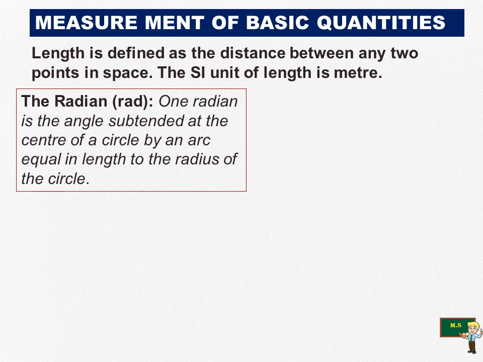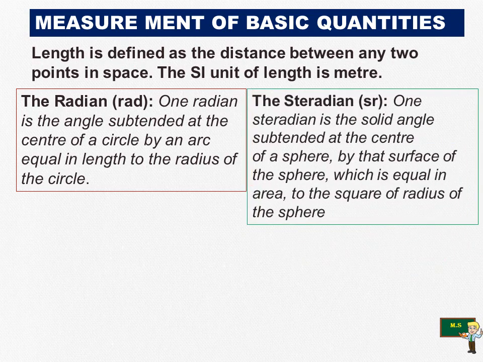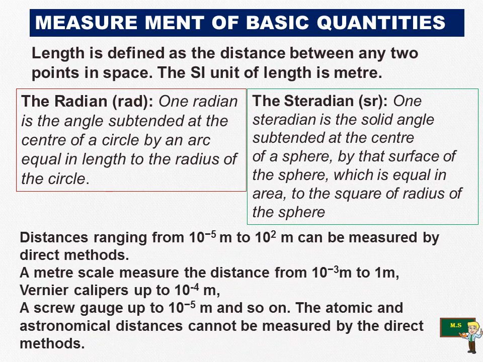What do you mean by steradian? 1 steradian is the solid angle subtended at the center of a sphere by that surface of the sphere which is equal in area to the square of the radius of the sphere. I already explained to you about this radian, why we use the radian. Let us move.